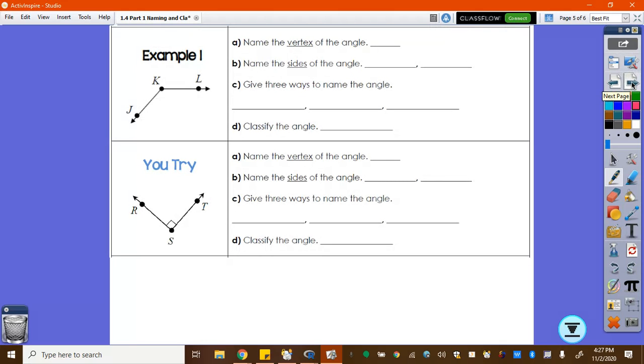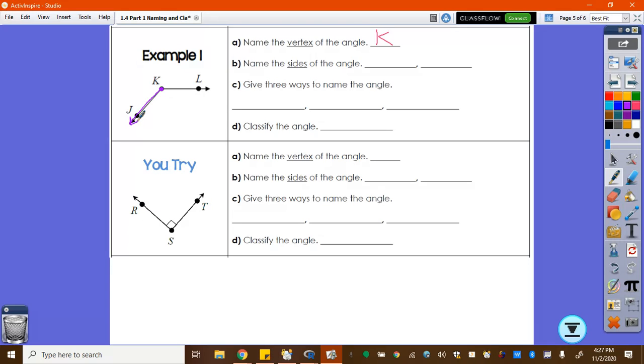Let's look at this example here. Let's name the vertex of this angle. Your vertex is just a single letter. Where did the rays meet? In this case, the two rays meet here at point K, and that's a capital letter K. If we want to name the sides of that angle, then we would start at K and go one of the two directions.